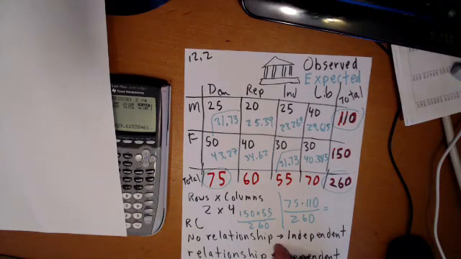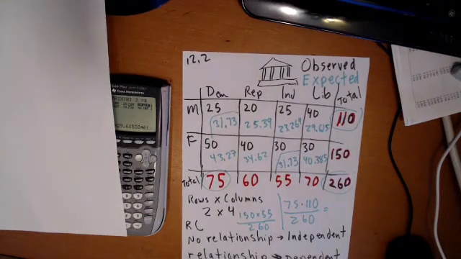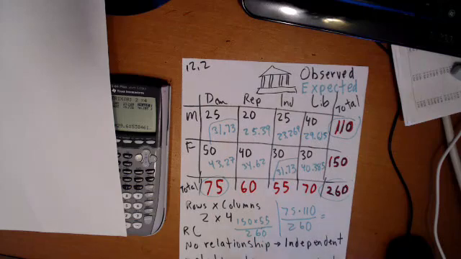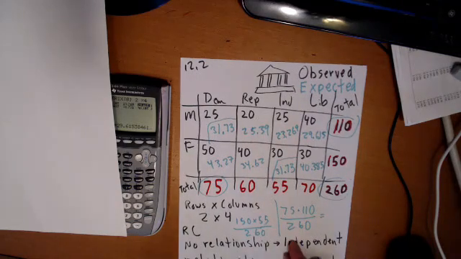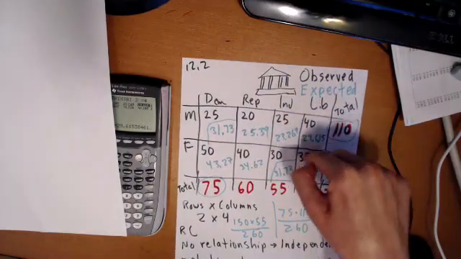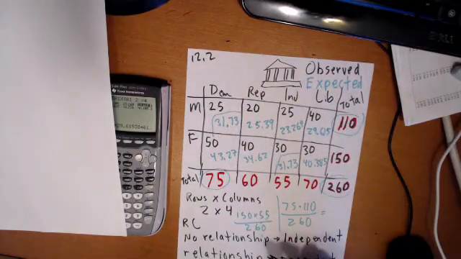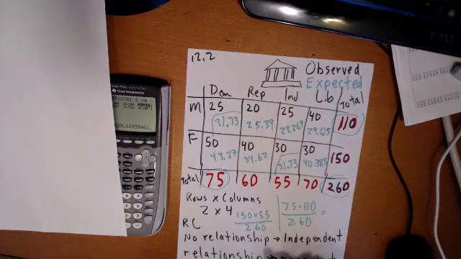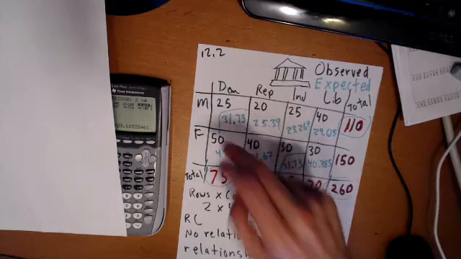At the very bottom, it says, in order to use the chi-square distribution, the following minimum requirements must be met. Oftentimes when you read a problem in the book or that I wrote, it'll just say, assume minimum requirements are met. See, none of the expected frequencies is less than 1. So make sure none of those numbers is less than 1. Okay, so no zeros. And at most, 20% of the expected frequencies are less than 5. Well, none of them are less than 5, so we're good.